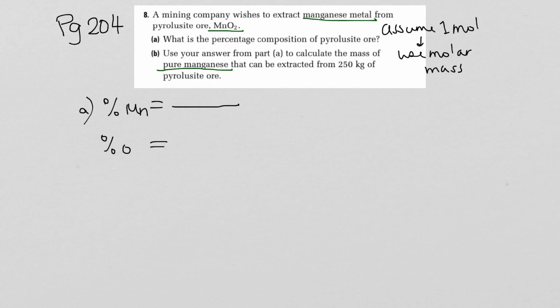So if we're talking about manganese, the molar mass of manganese is 54.9380, and there's only one of it, so 54.9380 grams out of manganese oxide.